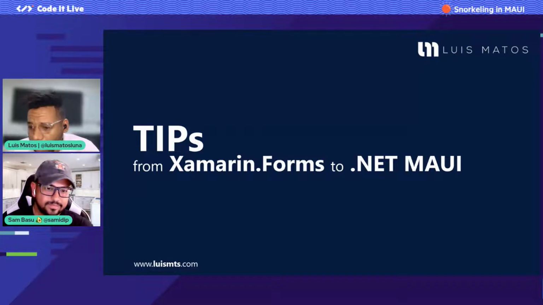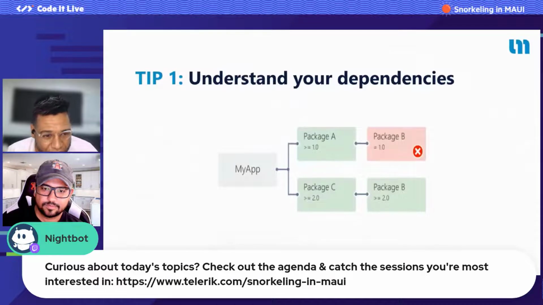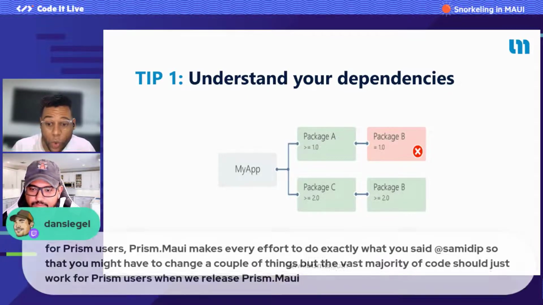Okay, here what I'm going to do is give you some tips that you can use for porting your Xamarin.Forms library to .NET MAUI. Even though this is about Xamarin.Forms and .NET MAUI, you can use it in the .NET ecosystem itself. The first thing that you need to take into account is understanding your dependencies. You need to know what all of those packages are, what dependencies your project has. You need to take some time and examine them and see what you can migrate and what you cannot.